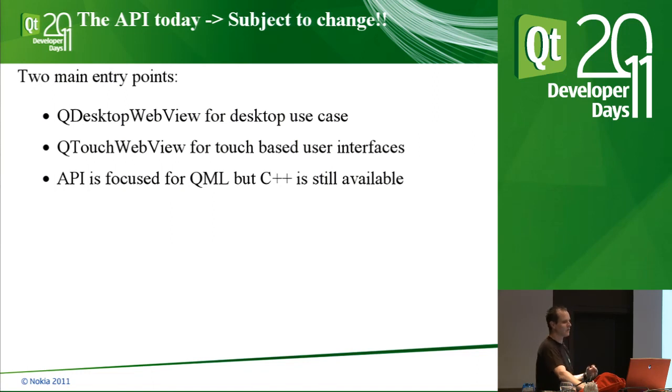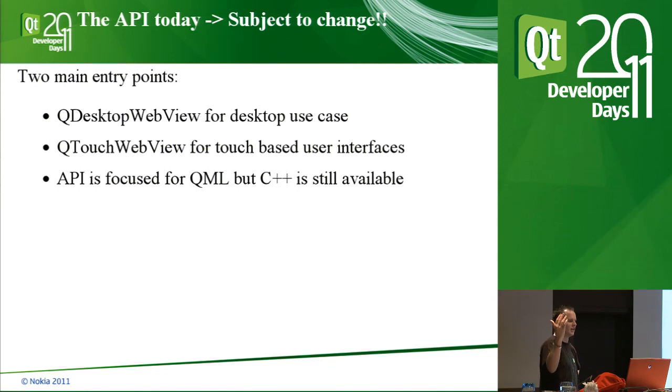By API focused on QML, I meant that it's going to be a property-based API, right? Because QML is just about properties. So of course, you will have a bunch of properties that in C++ you could just have solved with an enum. But an enum is not very usable in QML, or it doesn't really make sense.